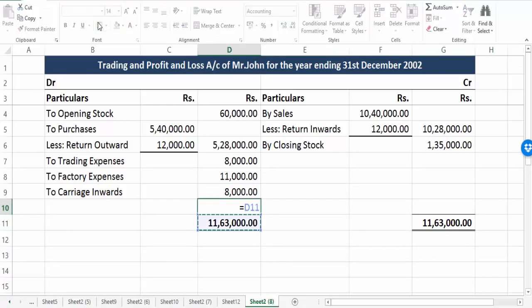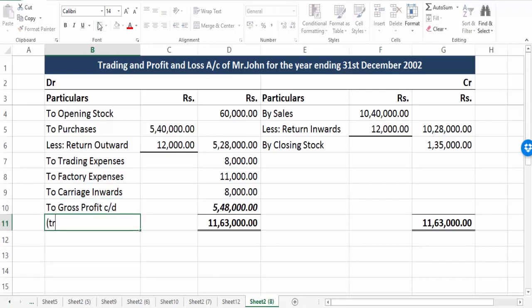So 11,63,000 minus sum of our items, and it is 5,48,000. So this is nothing but the gross profit, right? To gross profit carried on, and it is transferred to profit and loss account.